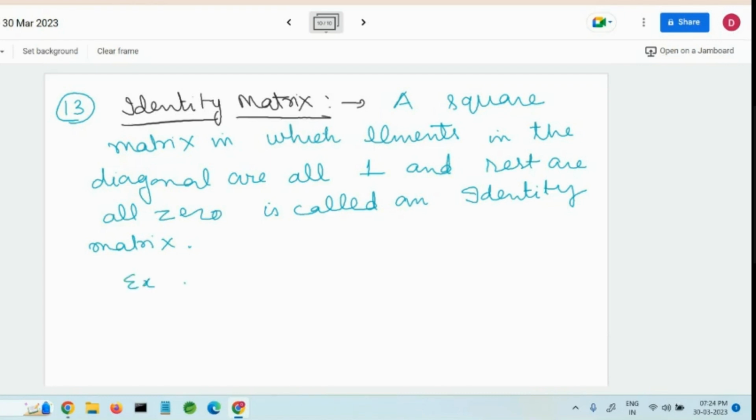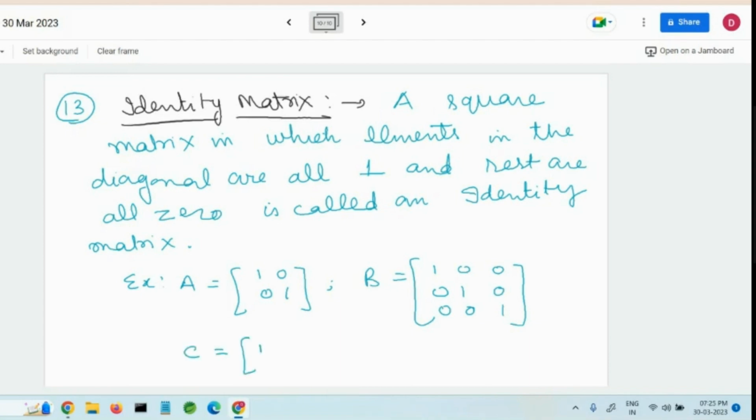Examples of identity matrix: A is 1 0 0 1, and B is 1 0 0, 0 1 0, 0 0 1. This is the identity matrix of order 2, this is the identity matrix of order 3, and this is the identity matrix of order 1.